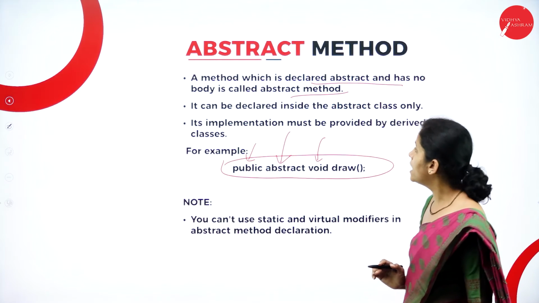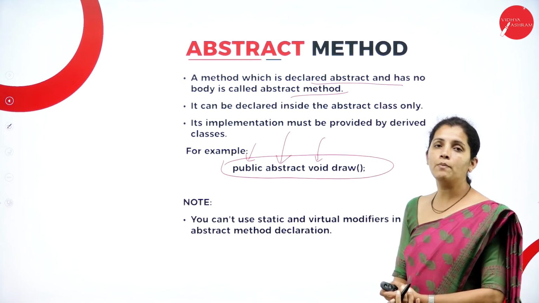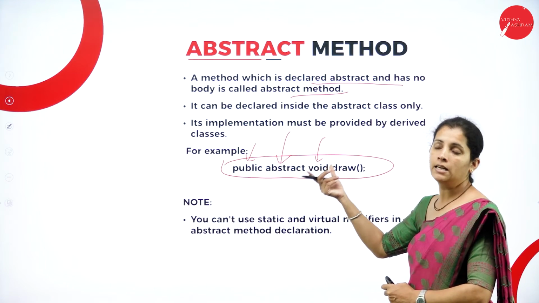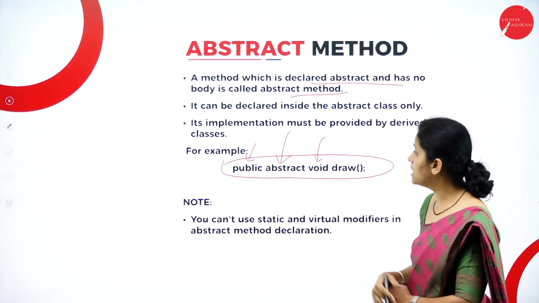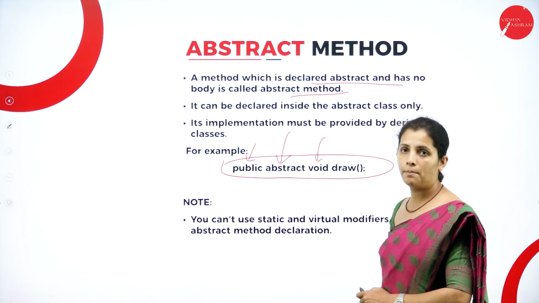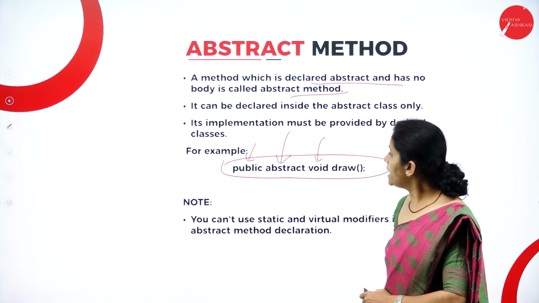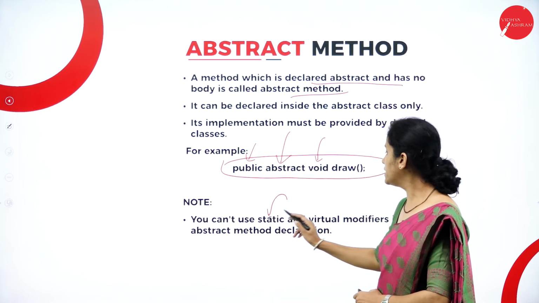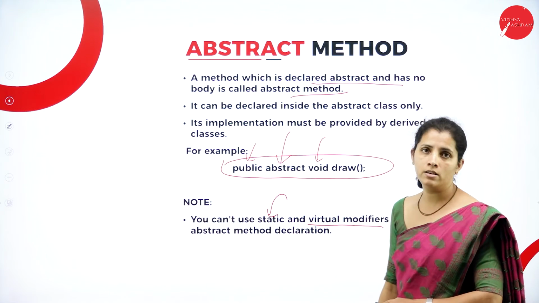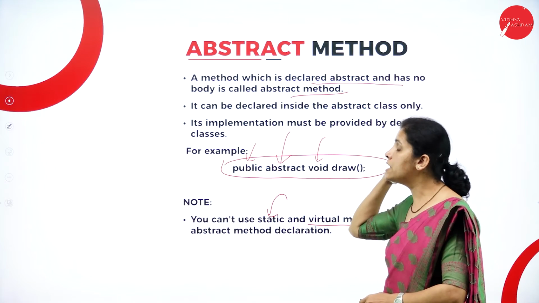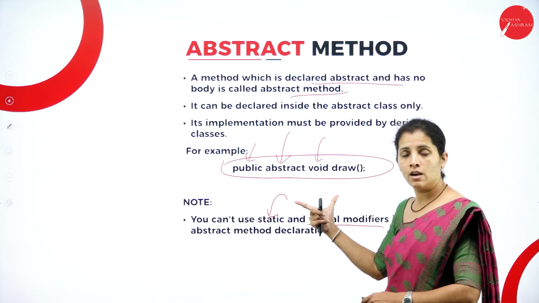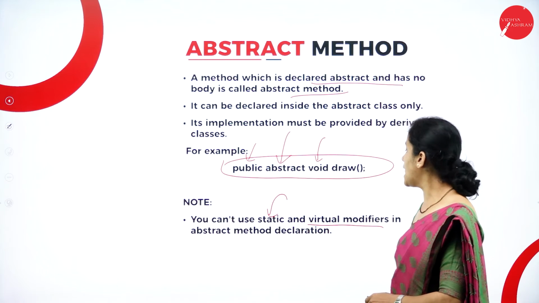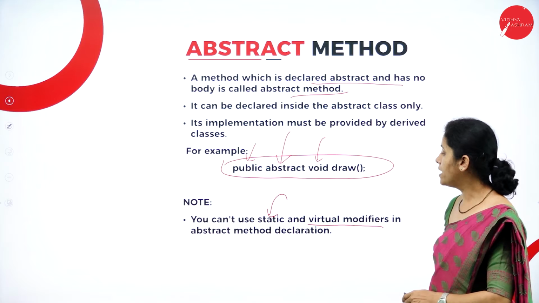I write the implementation part of this abstract method in my derived class. So this is the example. And while defining an abstract method, I cannot use static and virtual modifiers, because the method itself is declared as abstract. For that reason, I am not able to use static as well as virtual modifiers.